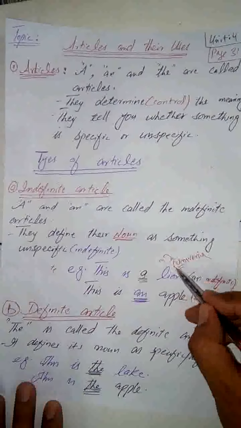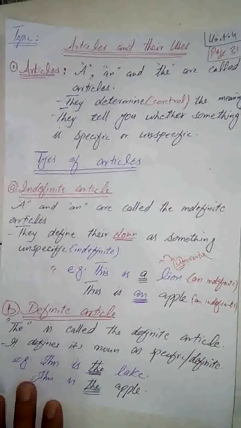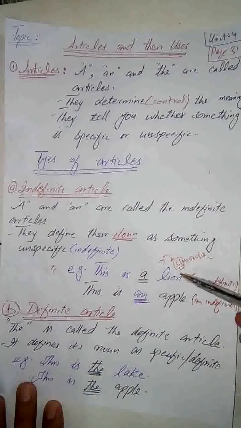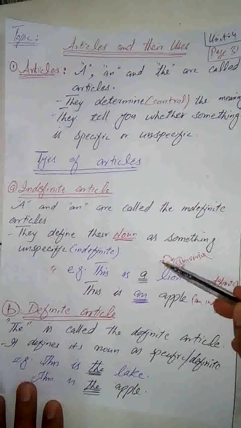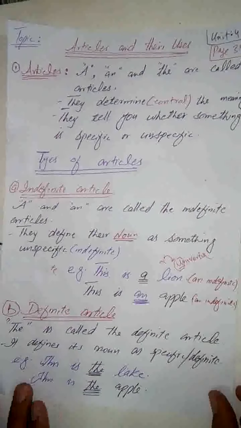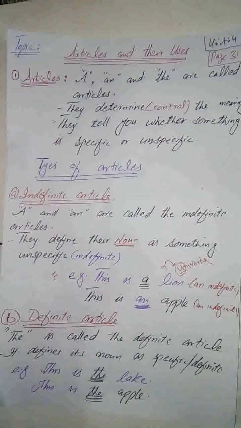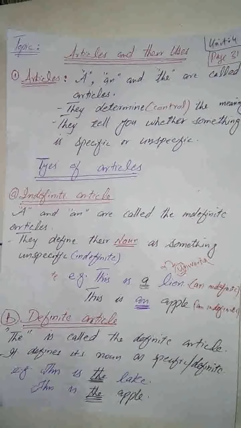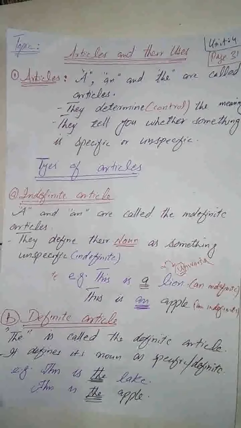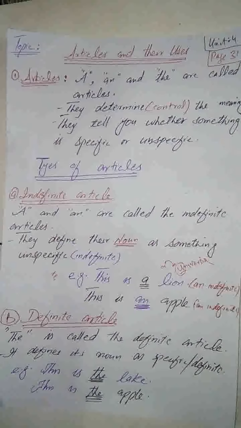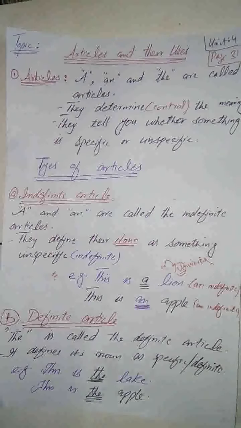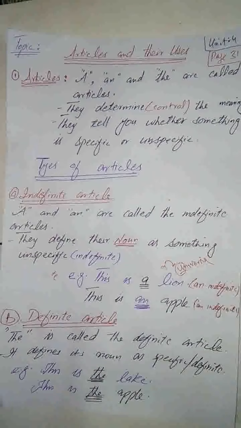Though U is a vowel letter, it sounds like a consonant. That is why you have to put a here. Similarly, you might have heard this: he is an MA, Master of Arts. So M is a consonant letter, but its sound is that of a vowel. That is why it takes an.